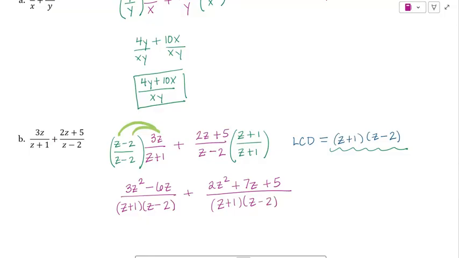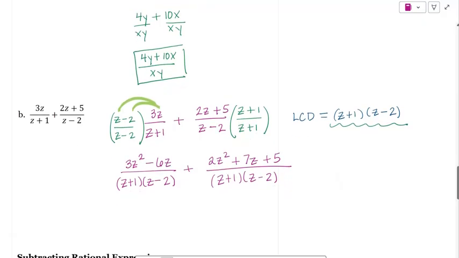All right, now my denominators match, so I can combine all of the terms in the numerator. I'm going to catalog like terms together. So I've got these two that are the same. That's going to become a 5z squared. And then I've got these two terms that are the same.